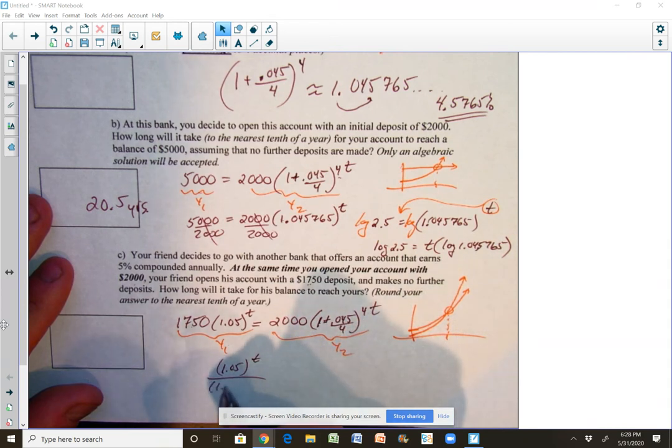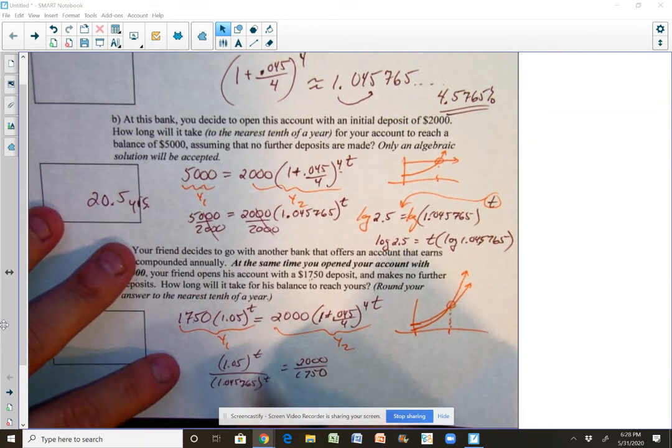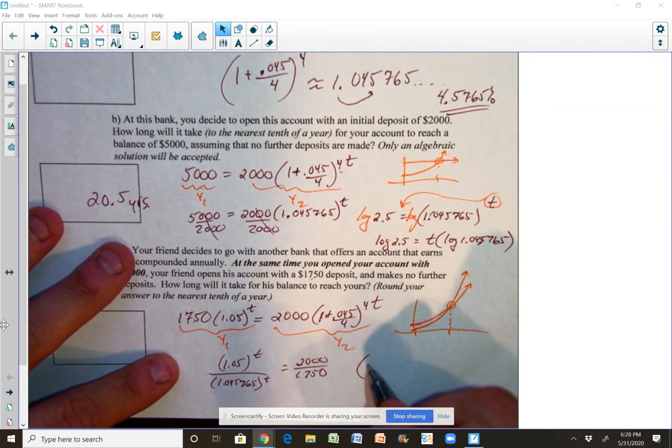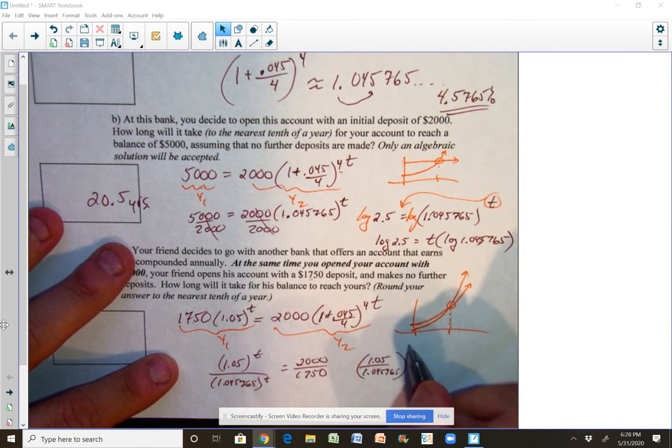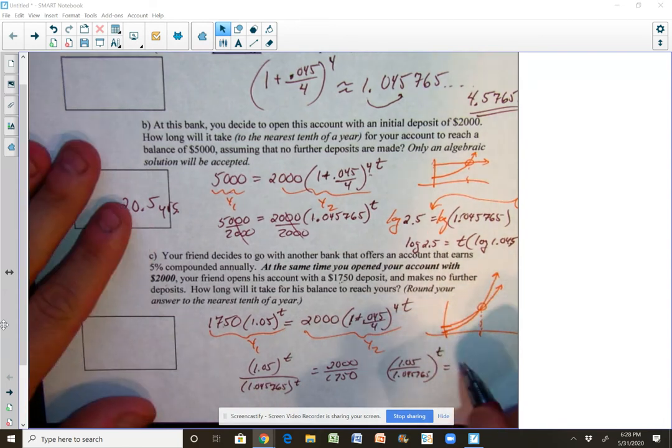So this is going to be 1.045765 all to the t, and that's going to equal 2,000 divided by 1750. So now this can be rewritten as just one big base. This is 1.05 over 1.045765 all to the t, and that's equal to, again, that 2,000 over 1750 number.